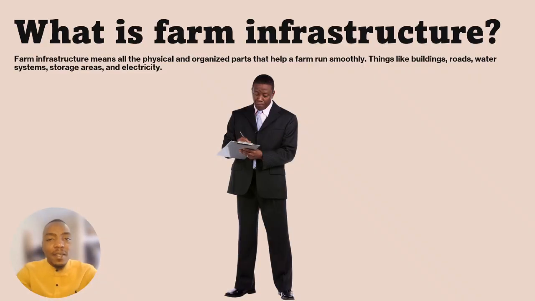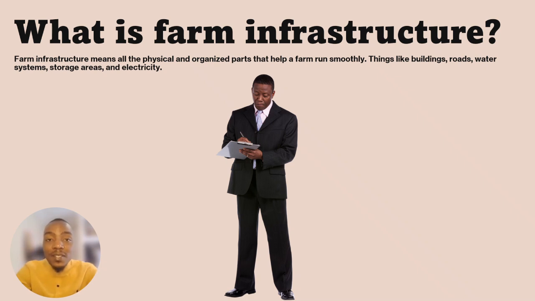So what is farm infrastructure? Well, as I mentioned in the other video, the farm infrastructure is basically the foundation that holds all the other components together. Imagine a farm that has essential structures and systems that support the farm activities. We're talking about planting, harvesting, storage, and even distribution, right?